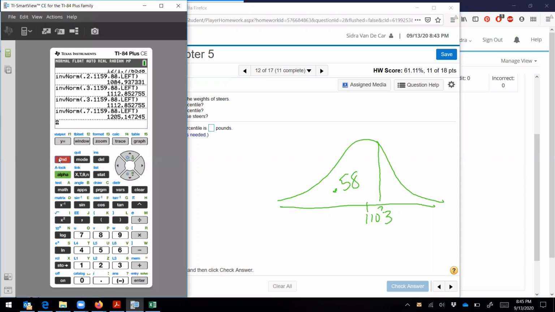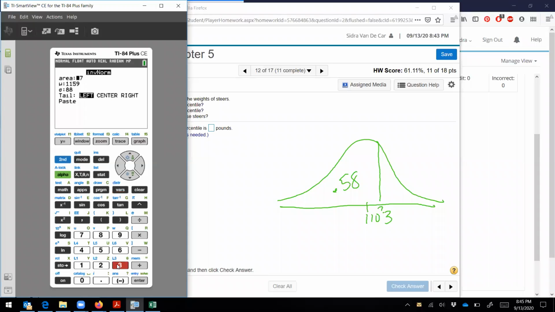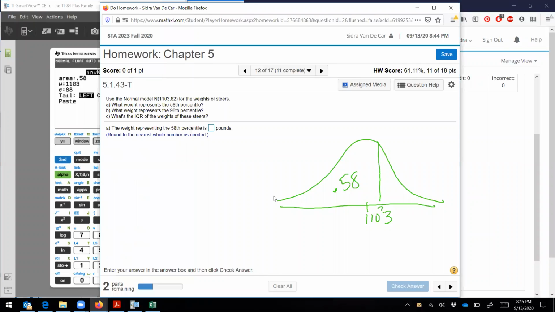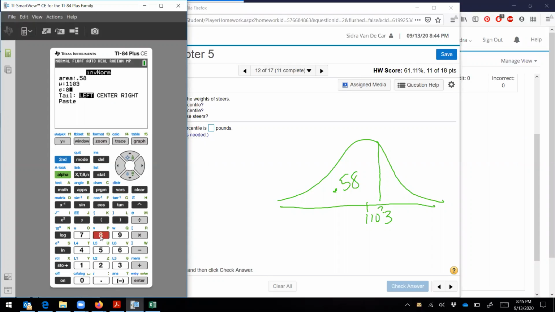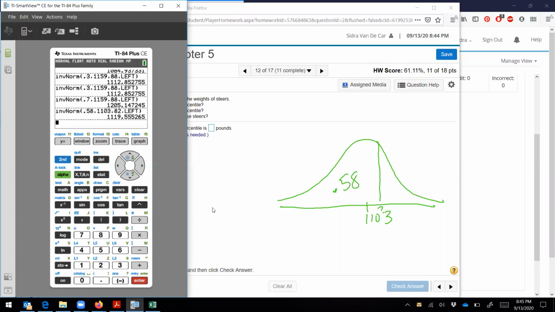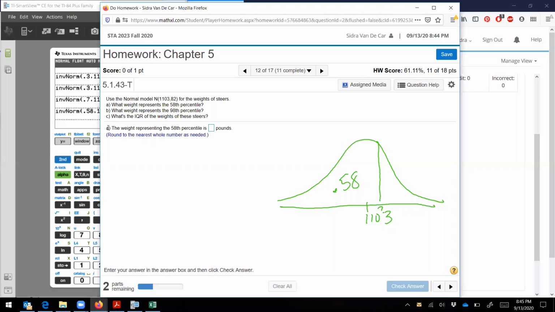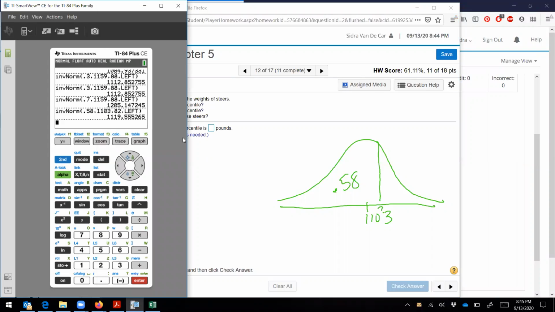So we're going to go second distribution, inverse norm, 0.58, mean is 1103, and the standard deviation is 82. 1119.6. Whole number, so 1120.